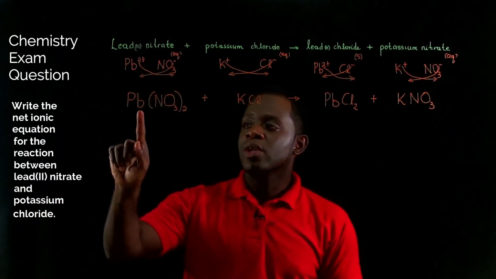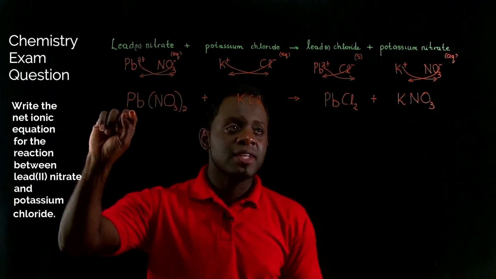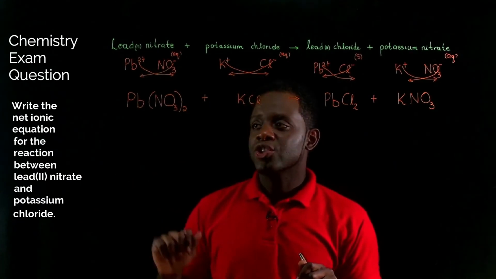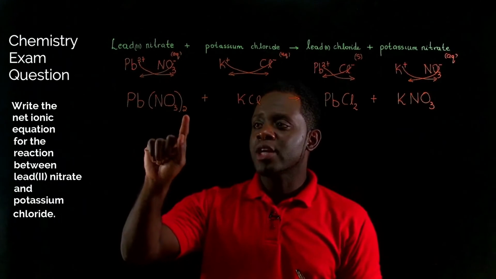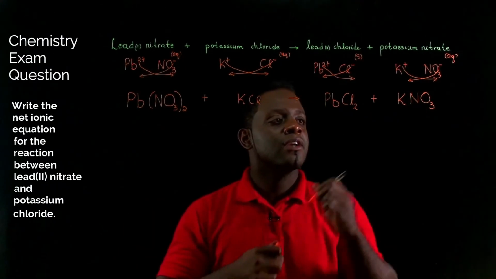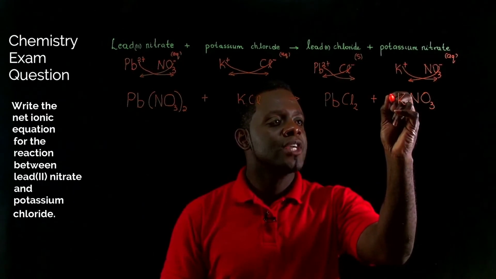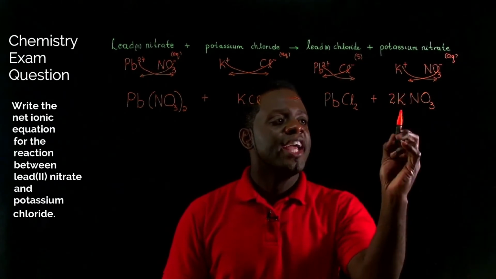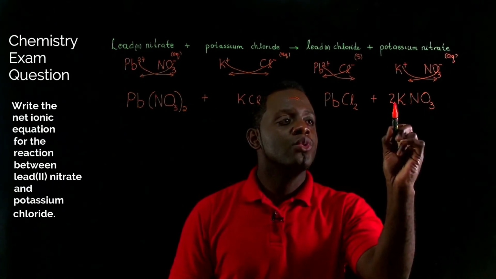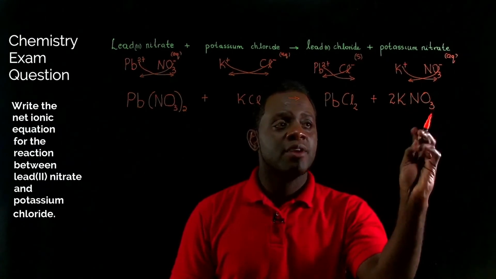There is only 1 lead on the left hand side and 1 on the right, so that's balanced. Let's now check our nitrate group. There are 2 of them on the left, only 1 on the right, therefore we add a coefficient of 2 in front of the potassium nitrate to give us our 2 nitrate groups on the right.